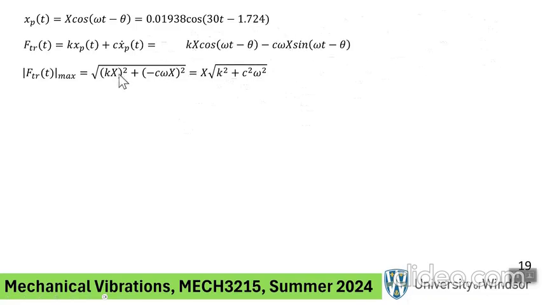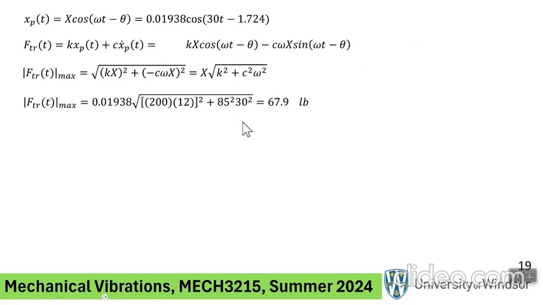If you factor this out, you're going to get this guy divided by what you factored out, plus this guy divided by the thing that you factored out, and there we are. That's where it's coming from. Now, if you plug in numbers, if you don't believe me, take all the values that you know: k, x, omega, theta. Just plot it, and you see that this is going to be the maximum value.